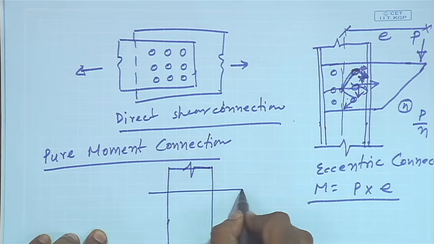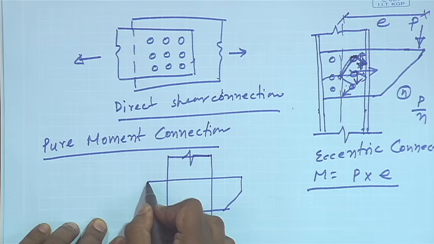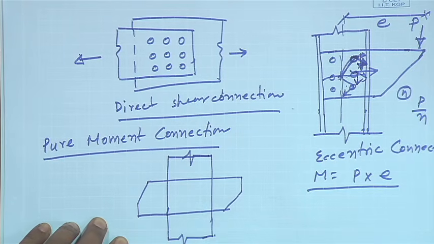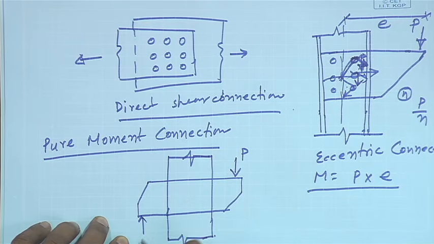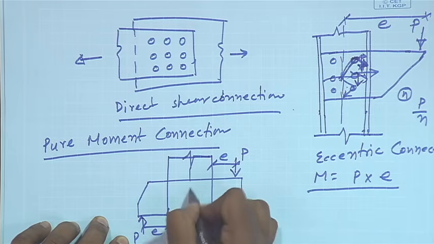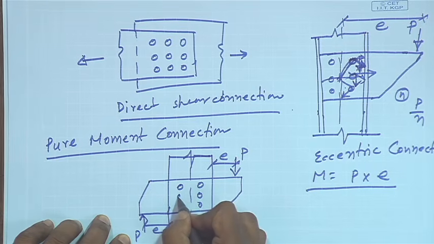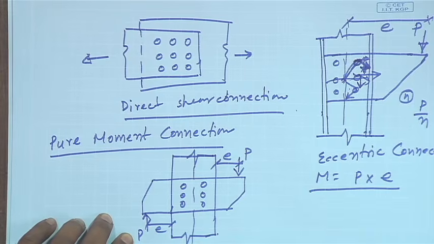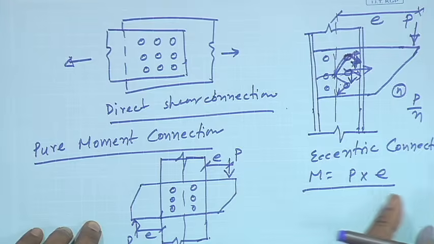Say for example, like this, this is P and this is also P, with E, some symmetric loading is there. So, here only moment will be developed in the connection. So, this is called pure moment connection.